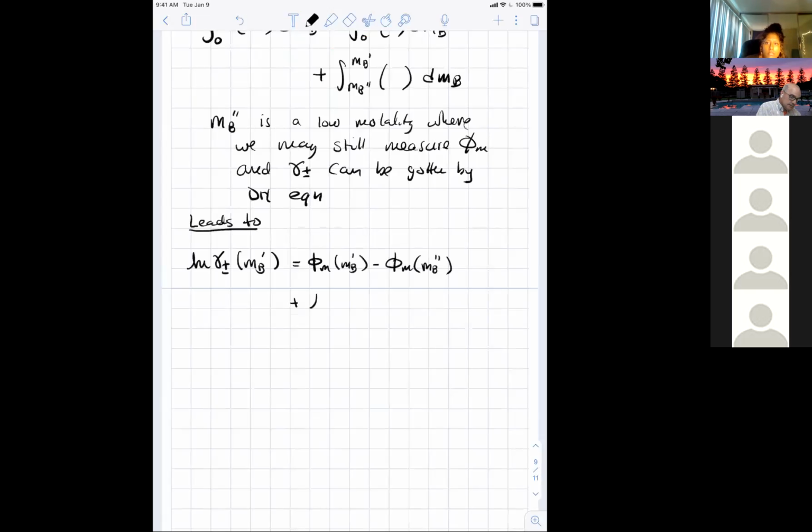You get the mean ionic activity coefficient that you measure from the Debye-Hückel law. And then you get this integral part. And you're avoiding the zero entirely.